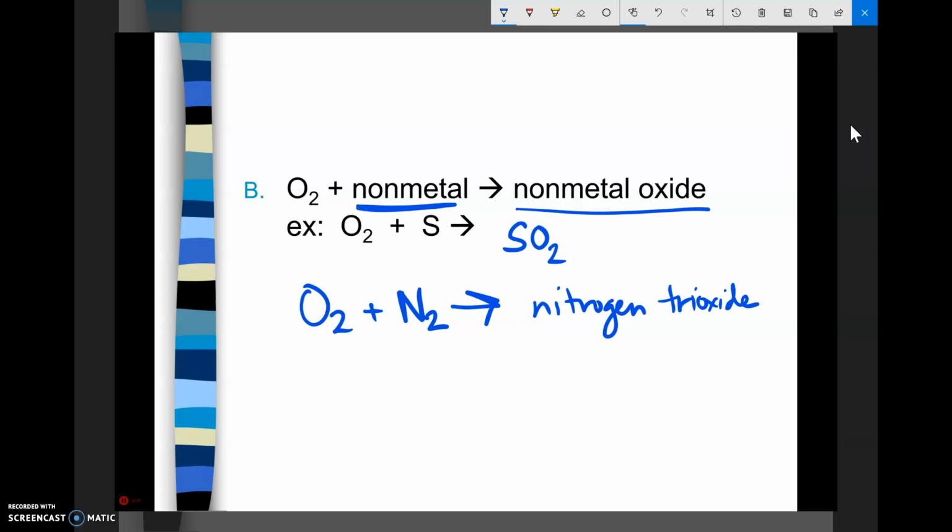So in this case, you just need to write this out correctly. So you're going to write O2 plus N2, and then nitrogen is N. Remember, tri means 3, so oxygen has 3 on it. So you're going to have nitrogen trioxide there. And I don't know if that balances because I just made that up. So if it doesn't balance, you'll know that it was just not meant to be. Okay, so hopefully that one makes sense.